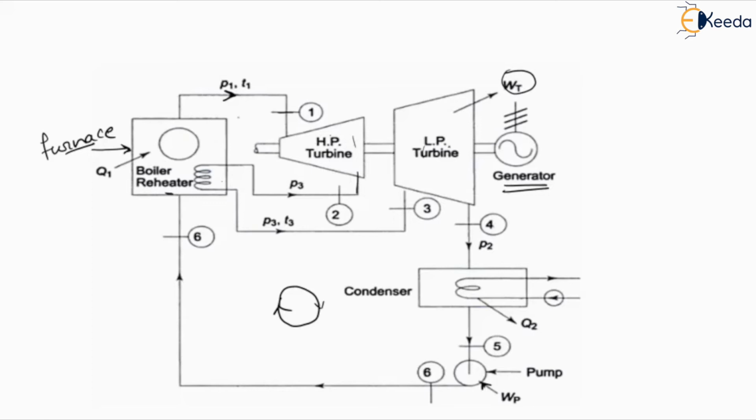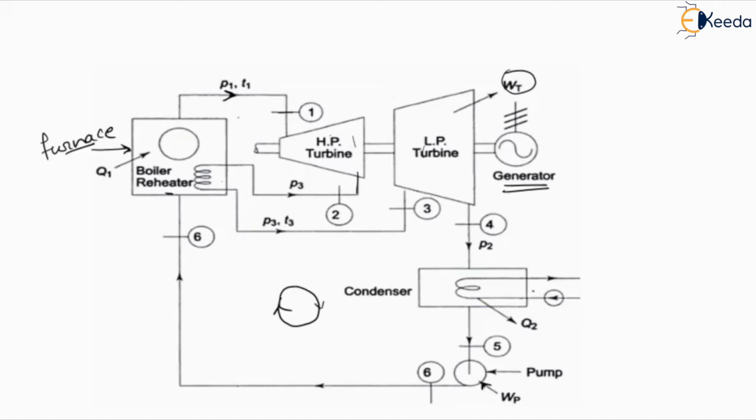And here we have provided a lower pressure turbine, so it cannot handle the same pressure. So we have to reduce the pressure, but we have to increase the temperature to convert the liquid plus vapor into complete vapor form, or complete steam form only at the condenser point.